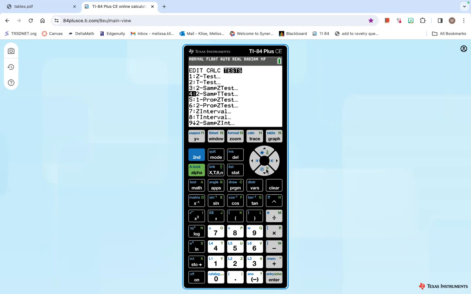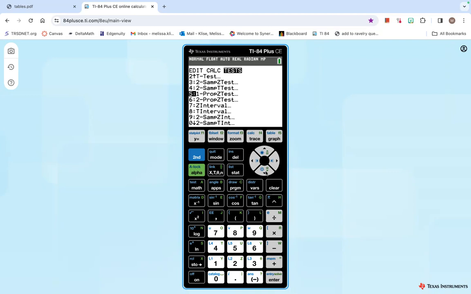I don't remember. Hold on. We went to one prop Z int before, didn't we? Yeah. So we want one prop Z test. Sorry, I couldn't remember the name of it. Just like left my brain. One proportion Z test. I'm writing it down.